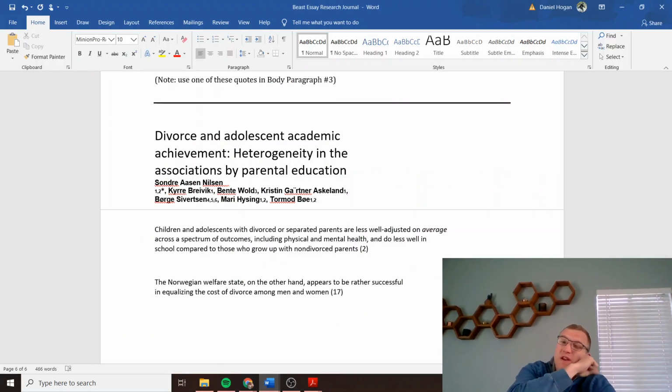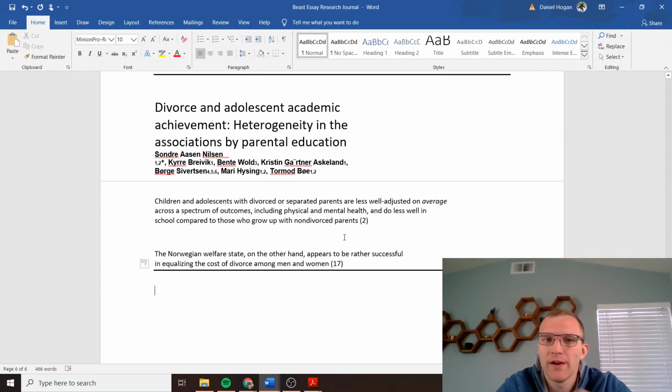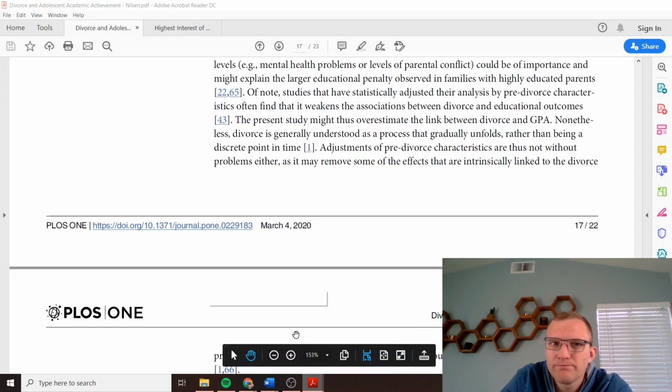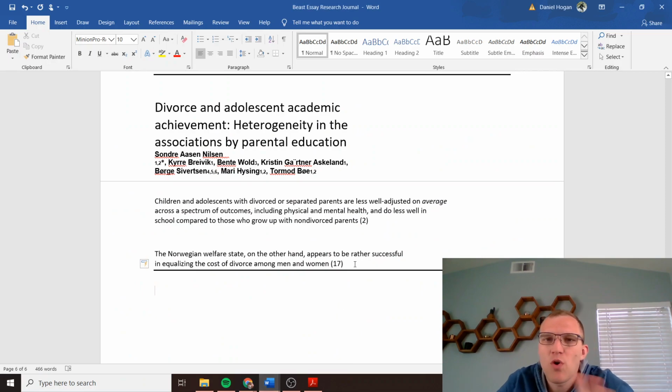So here, the long story short is this is a really helpful method to figure out what quotes you want to use from an article without having to keep fiddling with a million different windows and forgetting which quote was in which article and which one talked about what.